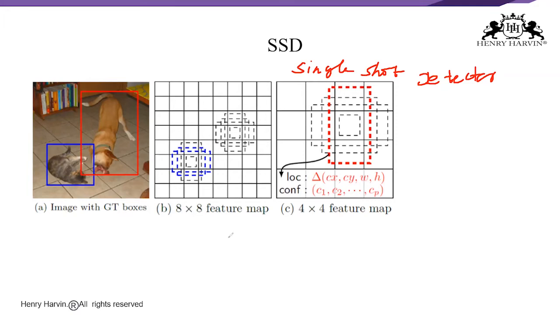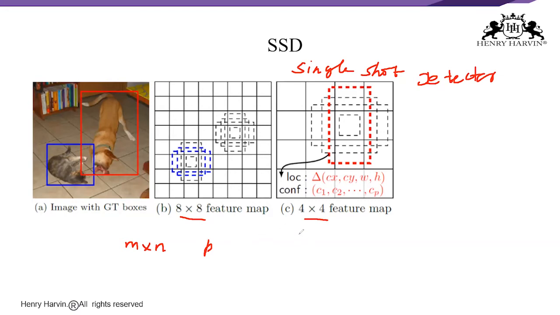After going through certain convolutions for feature extraction, we obtain a feature layer of size m cross n, basically the number of locations, with p channels. Say we are getting an 8 cross 8 or 4 cross 4 feature map. And say a 3 cross 3 convolution is applied on this m cross n cross p feature layer.